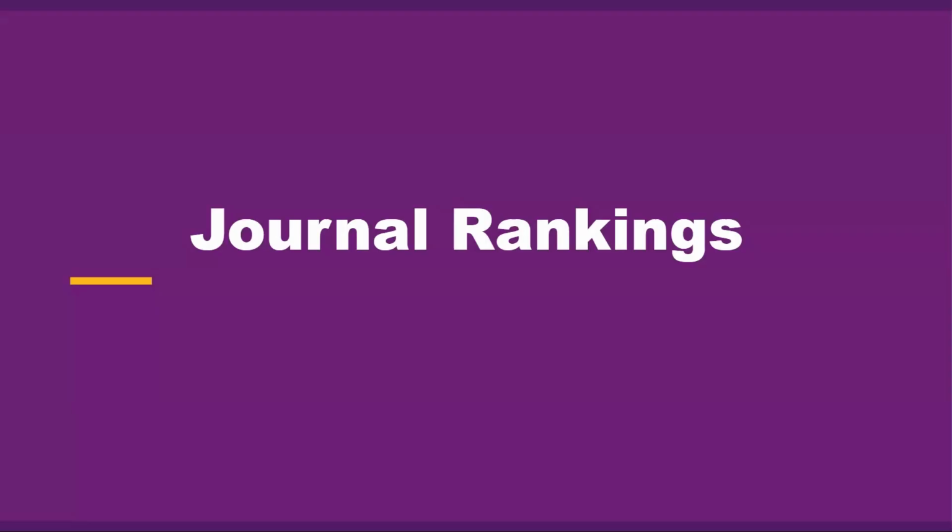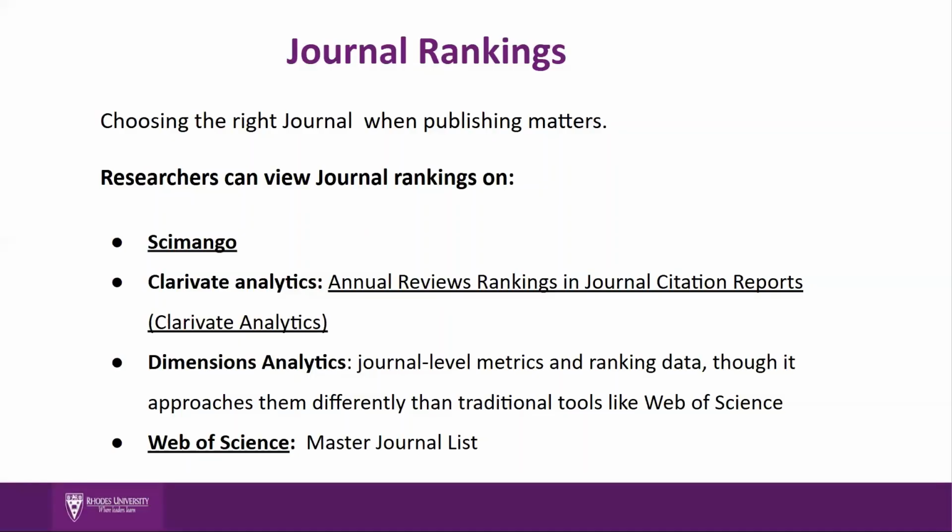It is also important that when you want to publish, you look at journal rankings. A journal with a higher ranking has a higher impact. There are different journal rankings.